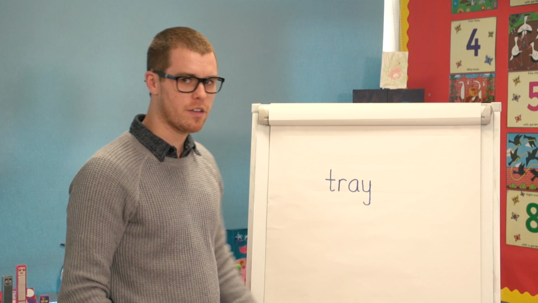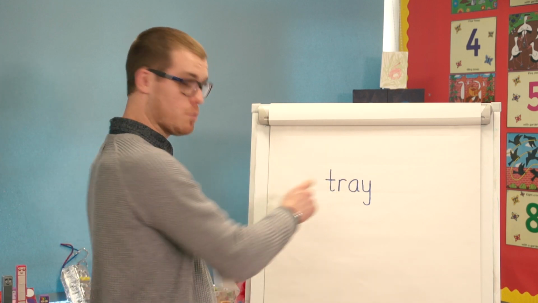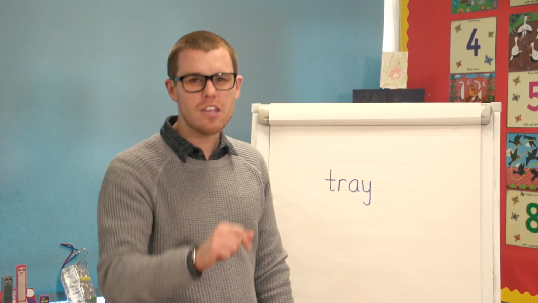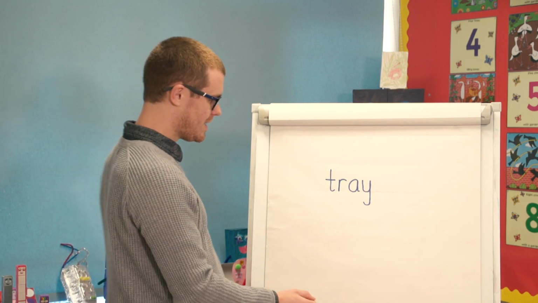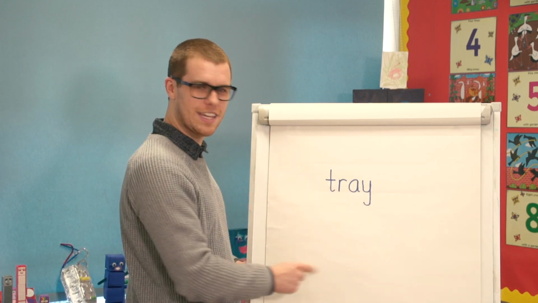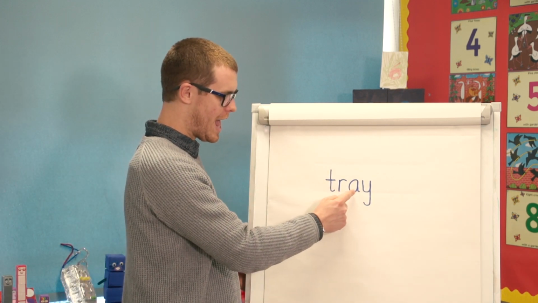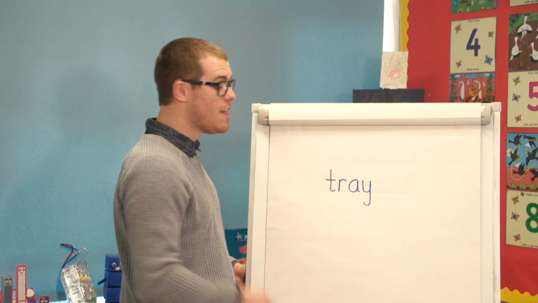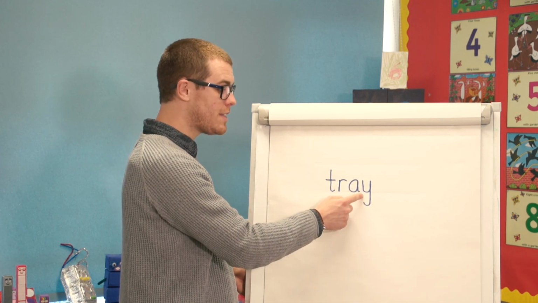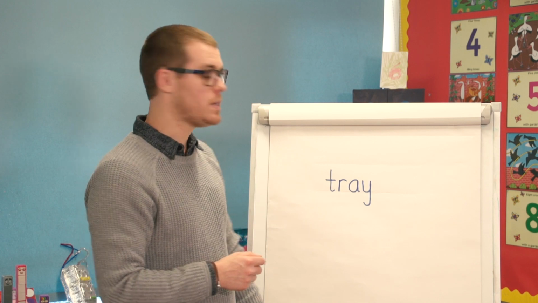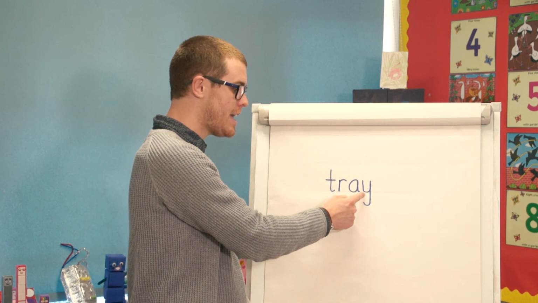How did you get on? Does your spelling match mine? Quickly change it if it doesn't. Tray. T, R, A. The A sound comes at the end of the word, so it is written with the letters A and Y.